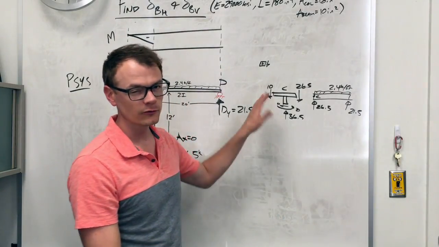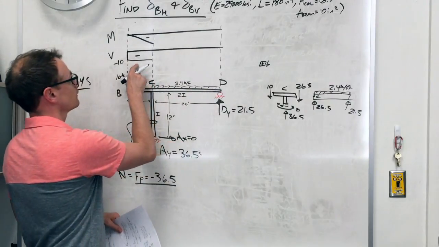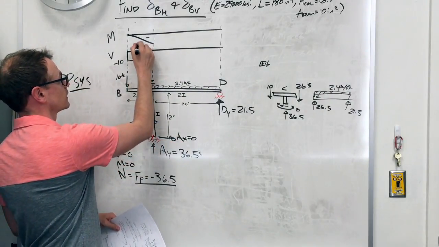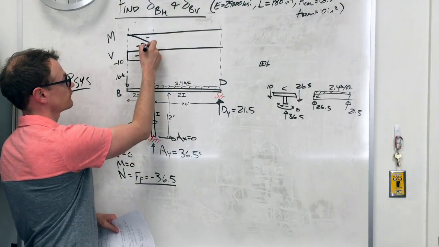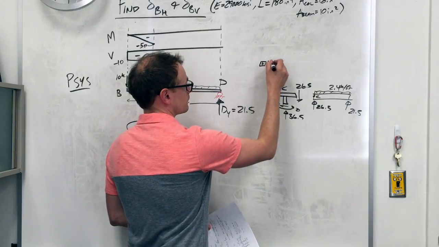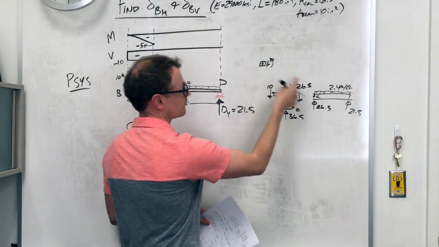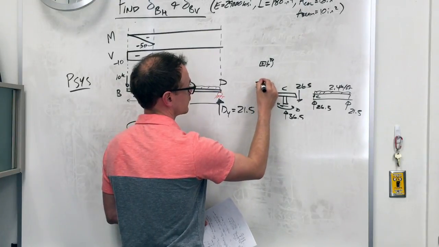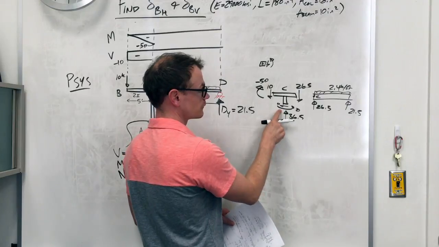Okay, so this is just a little review on the frame analysis. Now I can do the exact same thing with the moment. Here, the moment I get is negative 50, right, because it's negative 10 times 5, so I get negative 50. So negative 50 means if this is positive on the beam side, I flip it, I have negative 50 on this side. Now this one's 0.